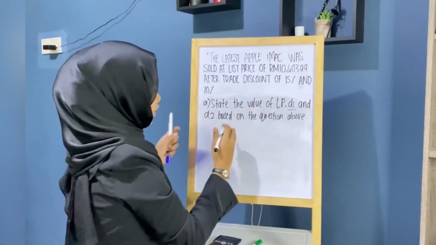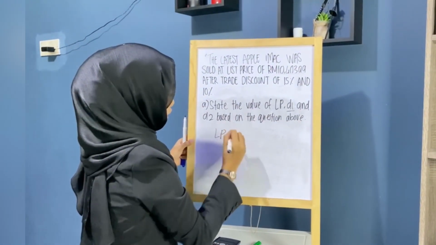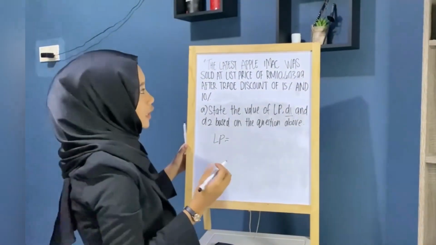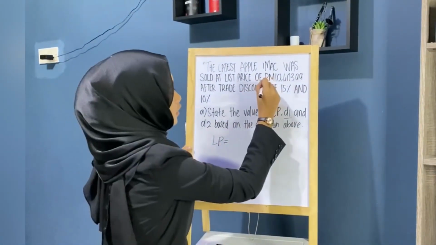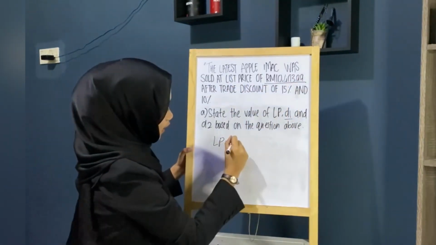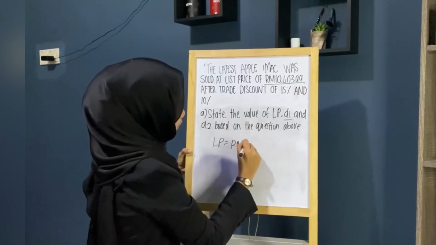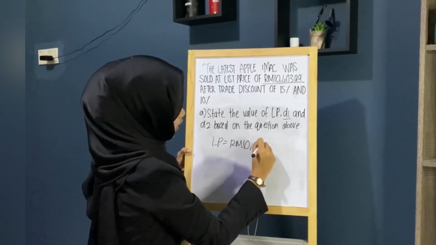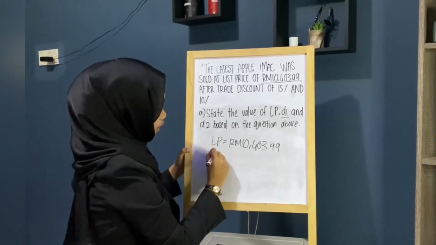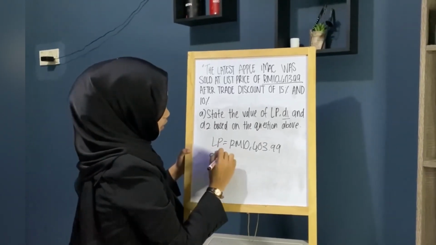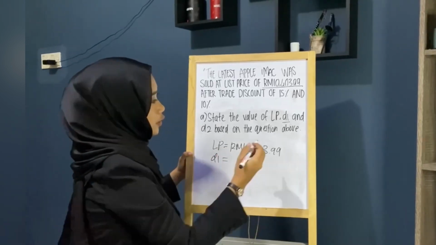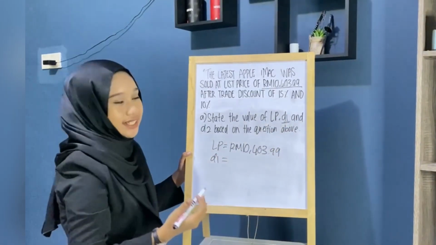We just put here LP. LP is the price before discount. You can look at the question: the price is RM10,402.99. So LP is RM10,402.99. And next is B1. B1 stands for trade discount.